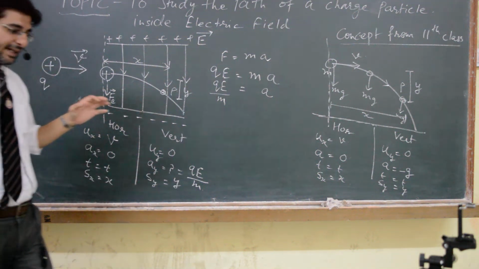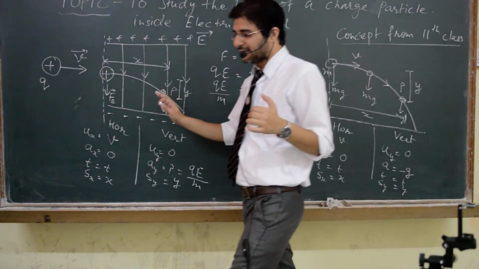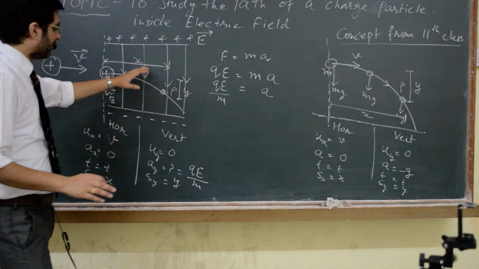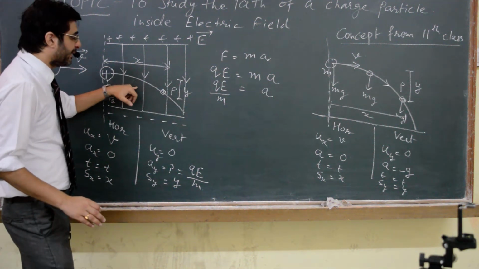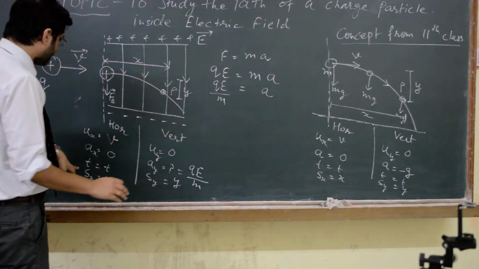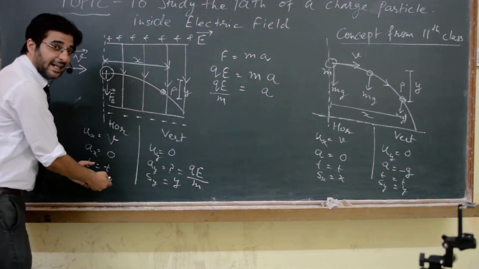So our aim is to find what kind of path this is. Logically, we know that the path of this charged particle will be parabolic. But we have to prove this with an equation. So what do we have to do? We have to find the relation between y and x. Simple.